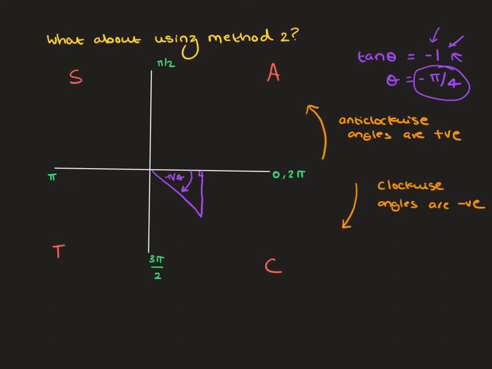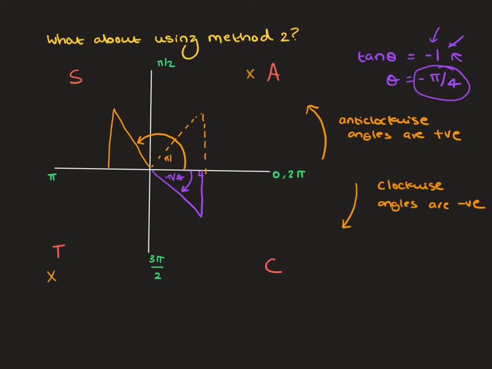So I want to ignore this quadrant here because everything's positive here, and I want to ignore this quadrant here because tan is positive here. Now, if I did move into that quadrant here, it would look like this, but I want to go in the quadrant over here because tan is not positive in this top left-hand quadrant. So the angle that I want will start here and it will move all the way round to there.